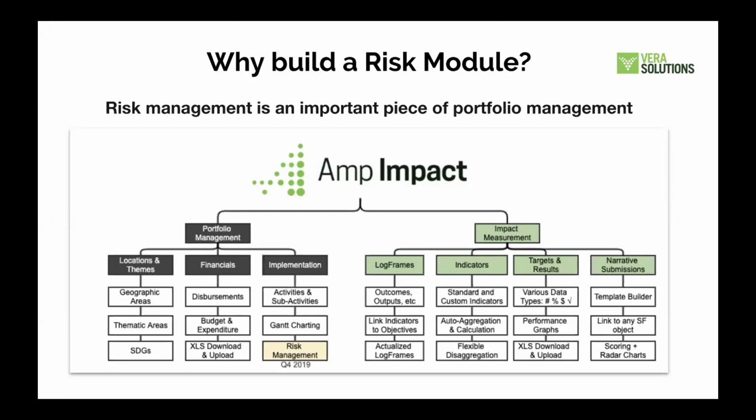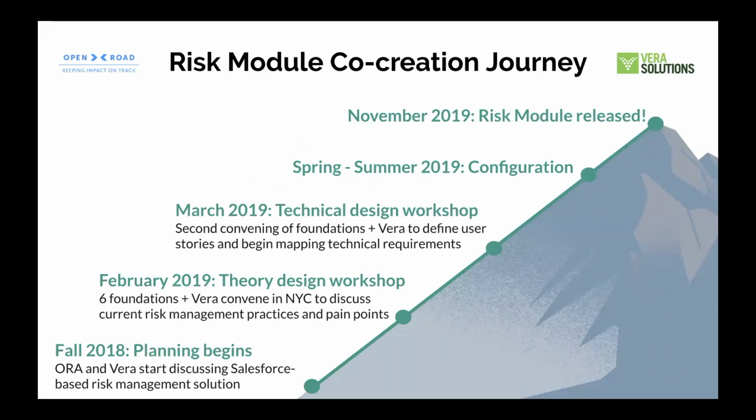But there's a small gap in AMP Impact that we identified as a real opportunity: introducing a module for risk management into the portfolio management side of the product. That's something we've been working with Open Road Alliance in designing, and Maya will talk a little bit about how we've gone about doing that in collaboration with other foundations.